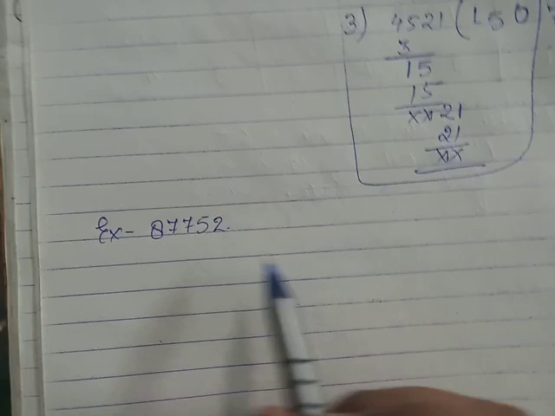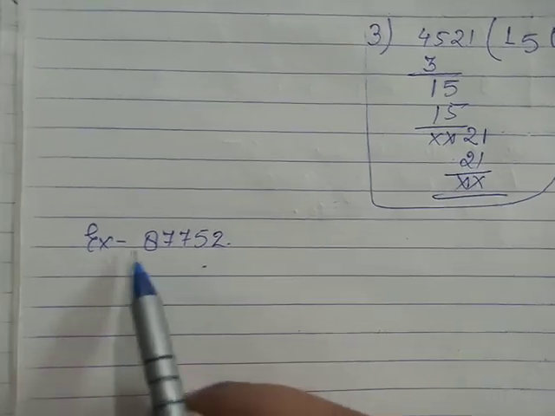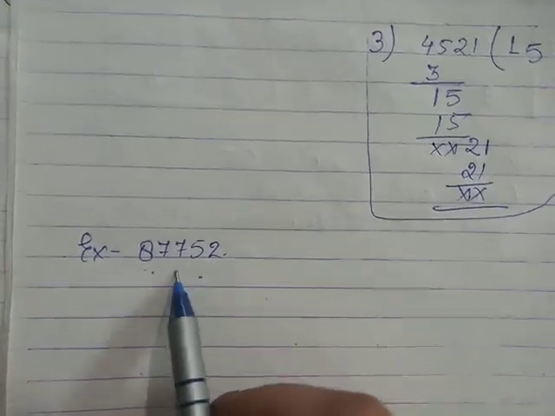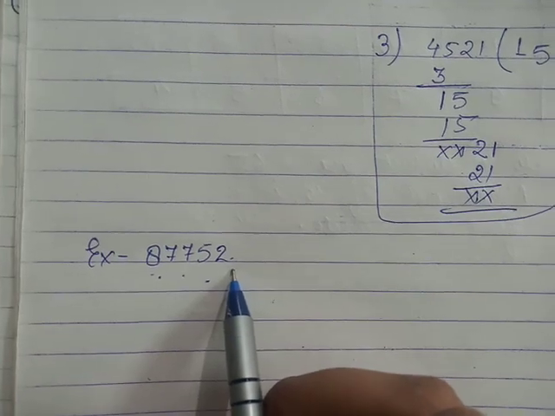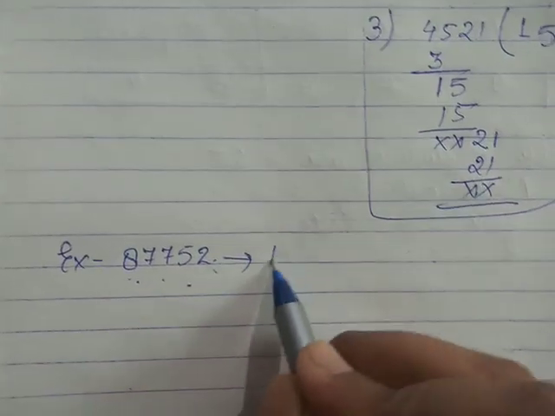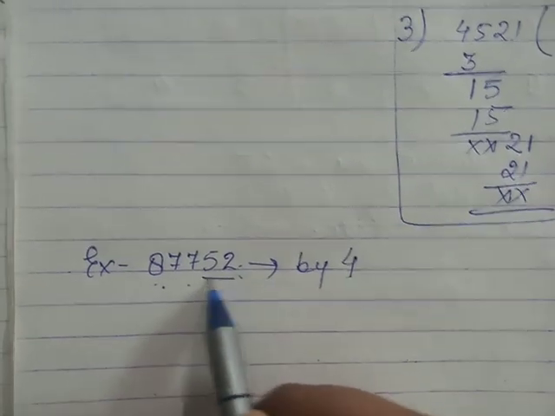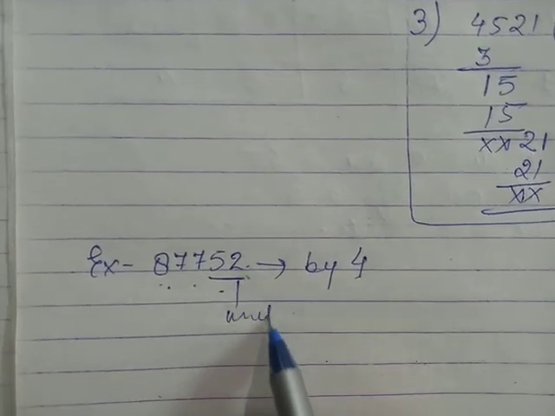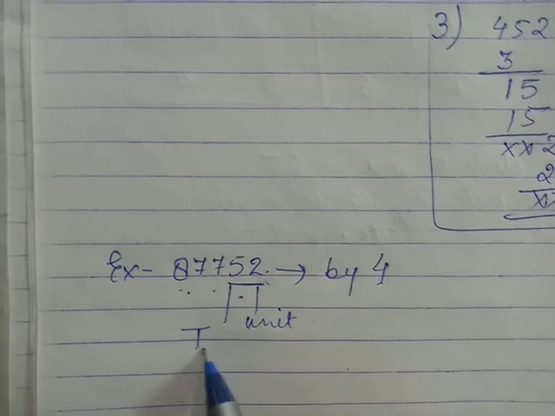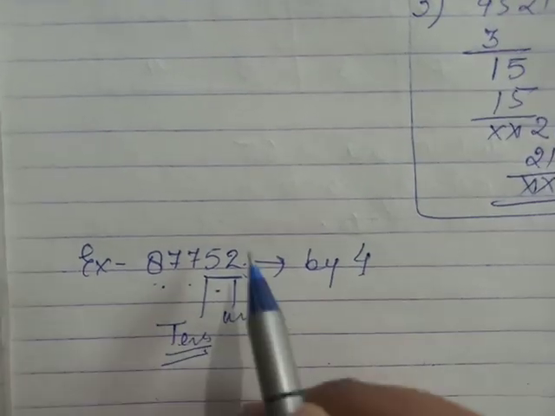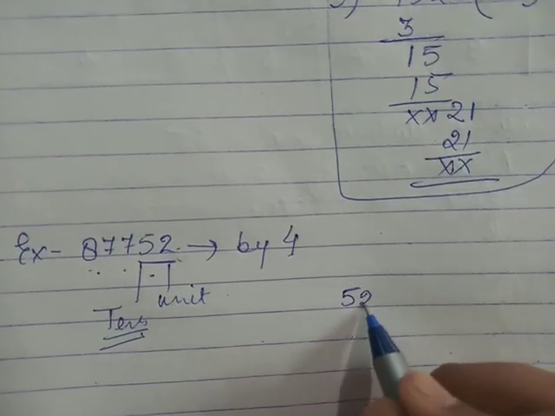You can see that here we have a number that is 87,752. For checking the divisibility by 4, we will take the unit digit and the tens place digit, that is 52.